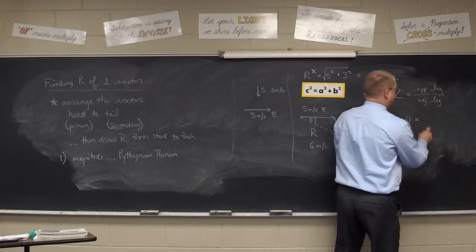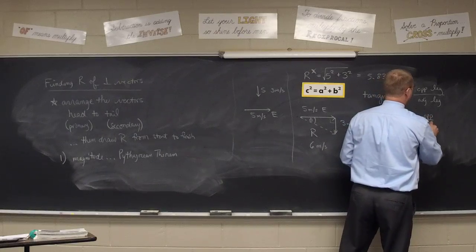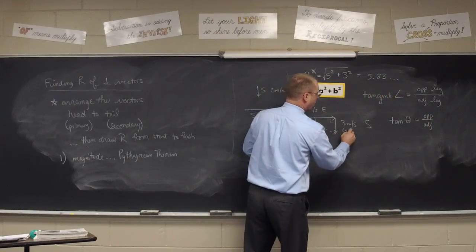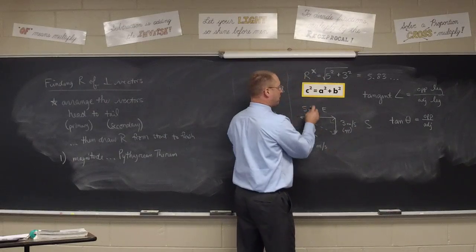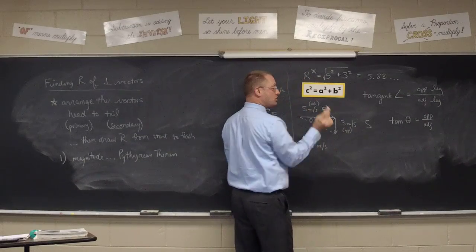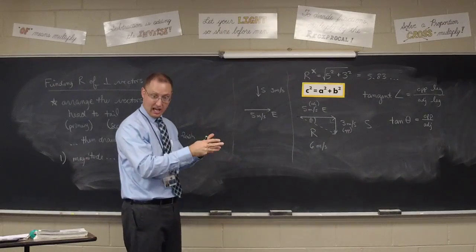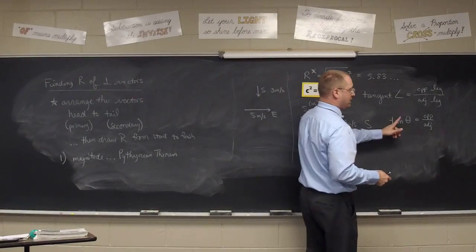So the tangent of theta equals opposite over adjacent, where the secondary vector will always be the opposite and the primary vector will always be the adjacent. So on your calculator across the top row, you see sin, cos, tan. You're focused on the tan.